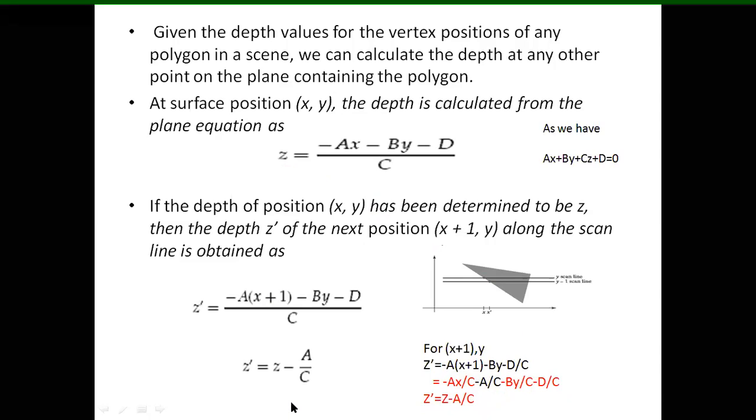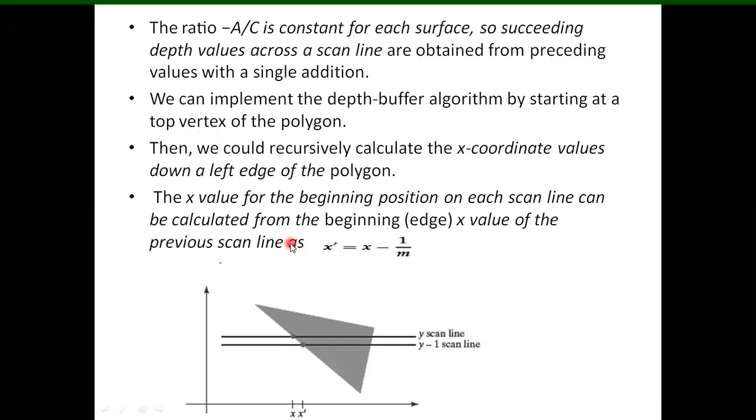So how to get the next pixel's z value? It is simple. If you just subtract the constant a by c from the previous z value, I will get the next pixel's z value. The ratio minus a by c is a constant for each surface.